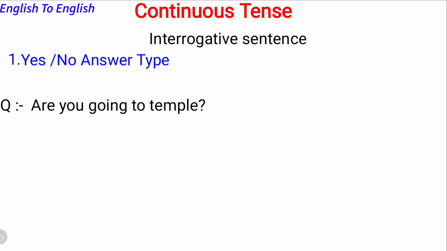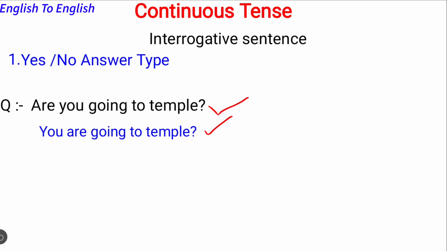One more thing I want to mention here, that we people generally make mistakes, that we don't use the actual formation of asking questions. We just say you're going to temple. You can see that they both are talking about questions because we have put the question marks. Are you going to temple or you're going to temple? But which one is the actual formation of asking question?